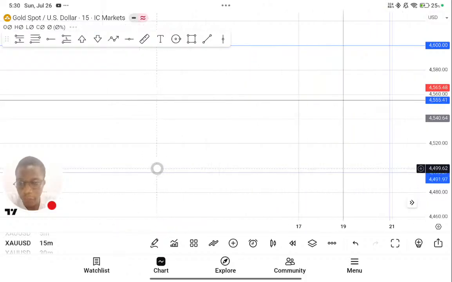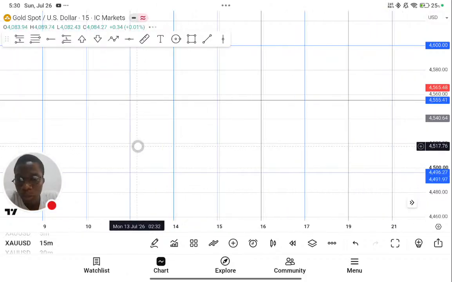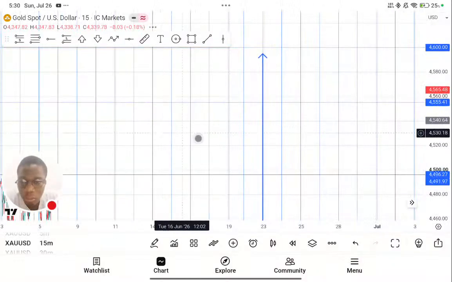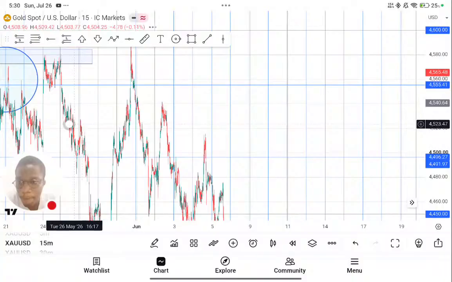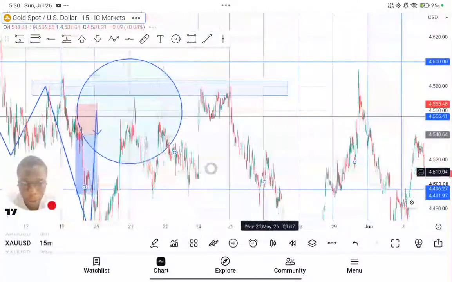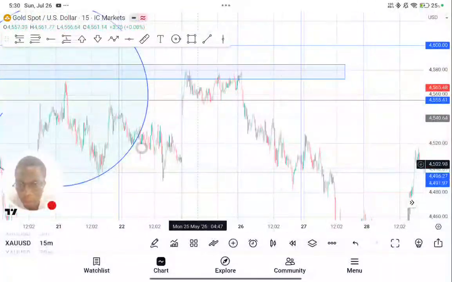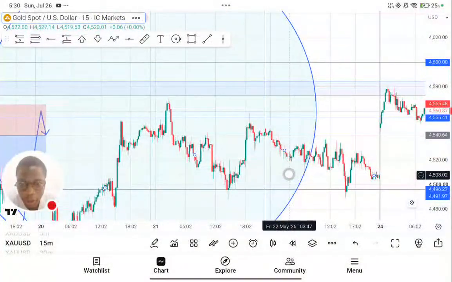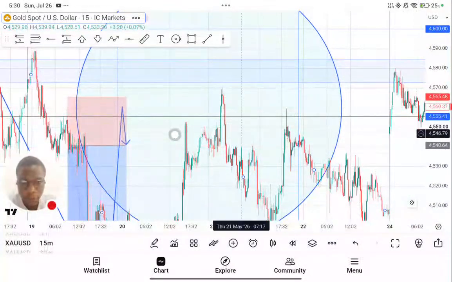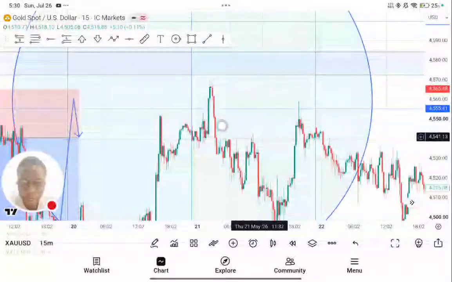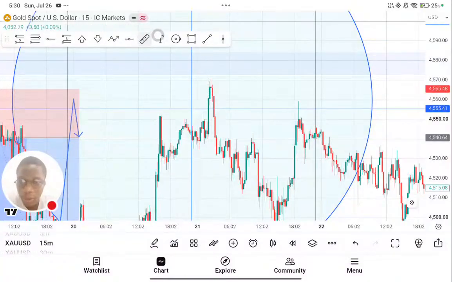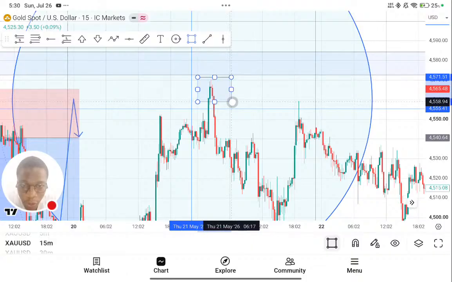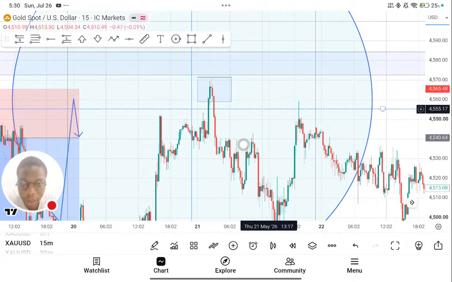Let's check it on 15 minutes. That particular zone. From 15 minutes, if you would have been anticipating from here, this engulfing, these two, focus on these two, first red candle.